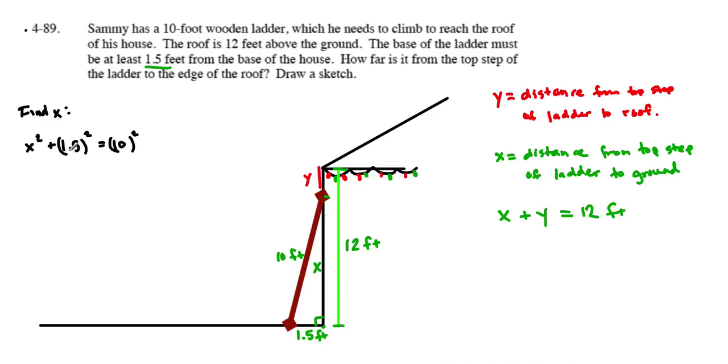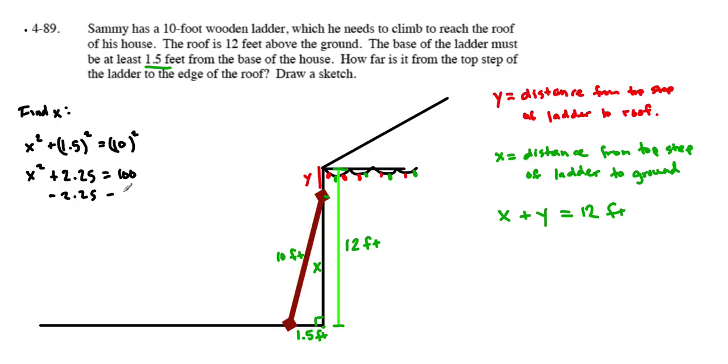So let's solve it here. Let's simplify these. So we've got x squared plus, if you take 1.5 and square it, it's like saying 15 squared, which is 225. Move our decimal back 2, we should have 2.25 equals 100. We have just an x squared term, we don't have any x values, so let's just go ahead and get our constants together.